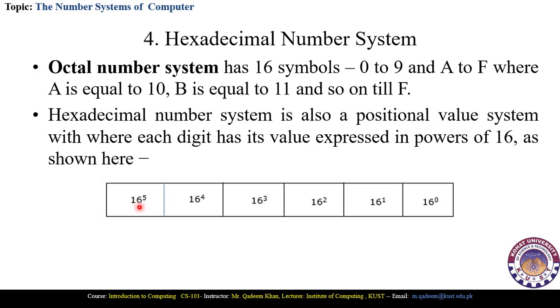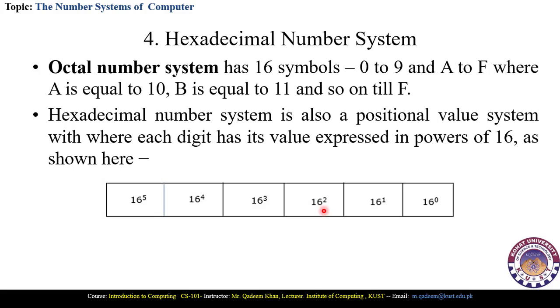So when we convert hexadecimal to decimal numbers, for example, if a certain digit is in the fifth position, then we multiply it with 16 power 5. If it's in the fourth position, we multiply it with 16 power 4. If it is in the third position, we multiply it with 16 power 3.